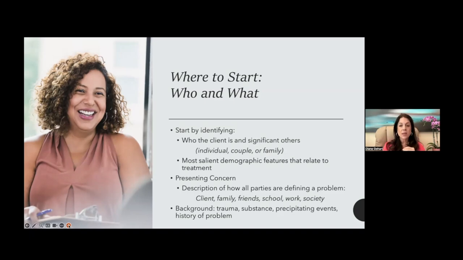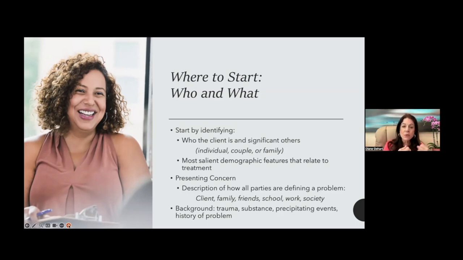Great, you've got the client's definition, but you want to do your best to understand what each parent might be saying about what the problem is from the parent's perspective. And even if you don't get to talk to the parents, you can ask the teen, what does your mom say your problem is, or your dad say your problem is?